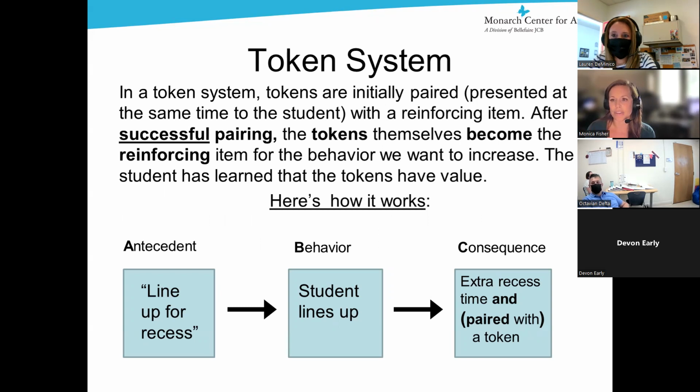We really want to make sure that our tokens are contingent on specific behaviors and not on a variety of behaviors. Really, the idea behind a token system is I perform this behavior and I get this token, not I perform all of these behaviors and I get this token. The more behaviors you include in your token system, the less likely it's going to be effective.